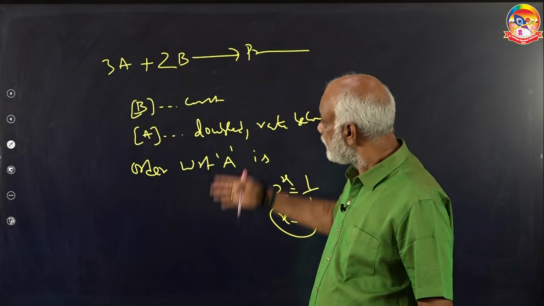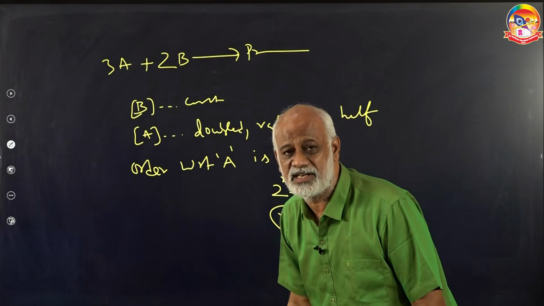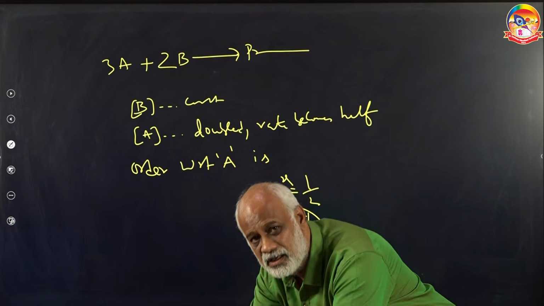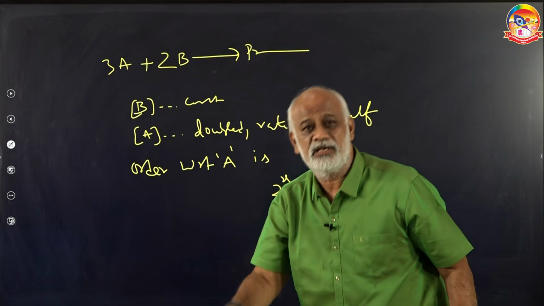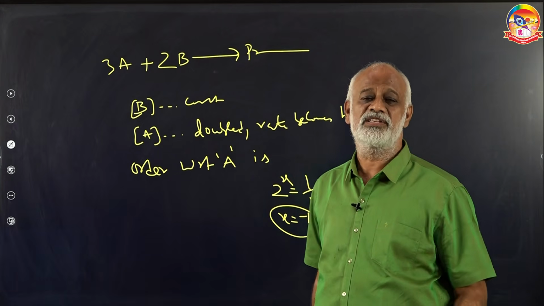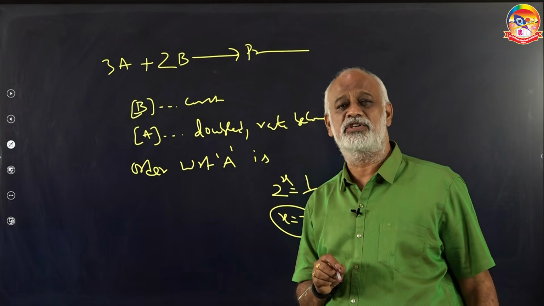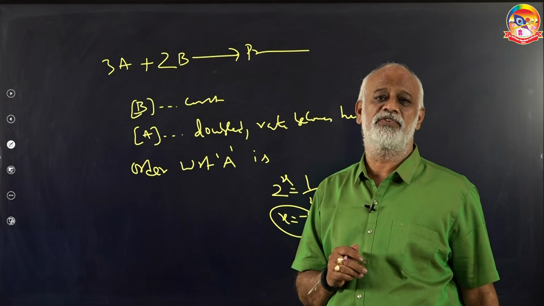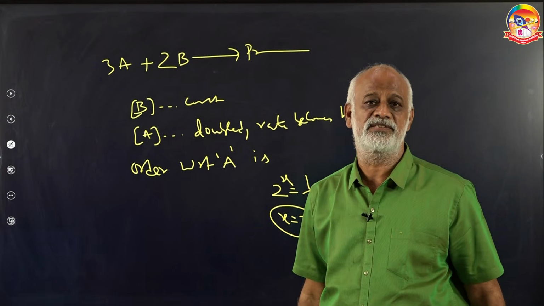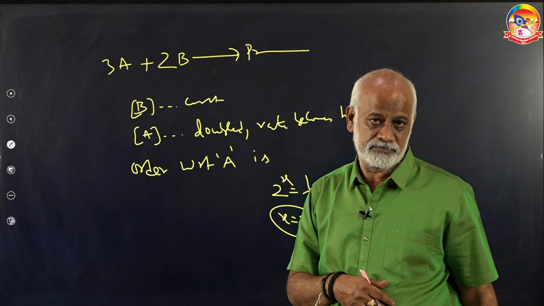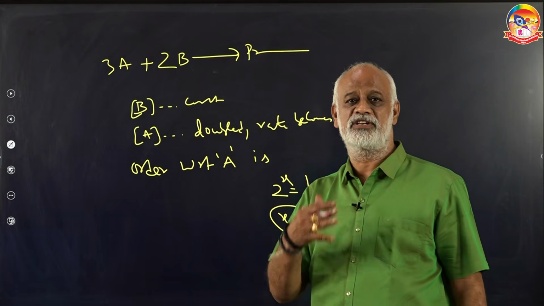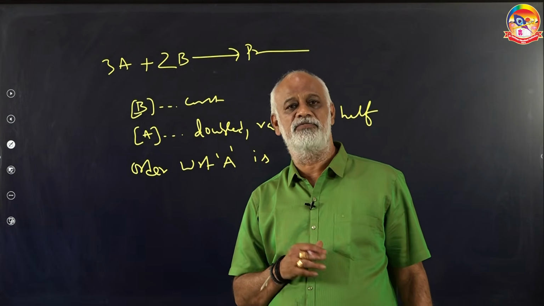By increasing the concentration of A, rate is becoming half. Concentration is increasing, rate is decreasing. So, does concentration of A have a positive influence on rate or negative influence on rate? Negative influence. That is the reason why order can be negative. Order can be fractional. Hope you understood, all of you.